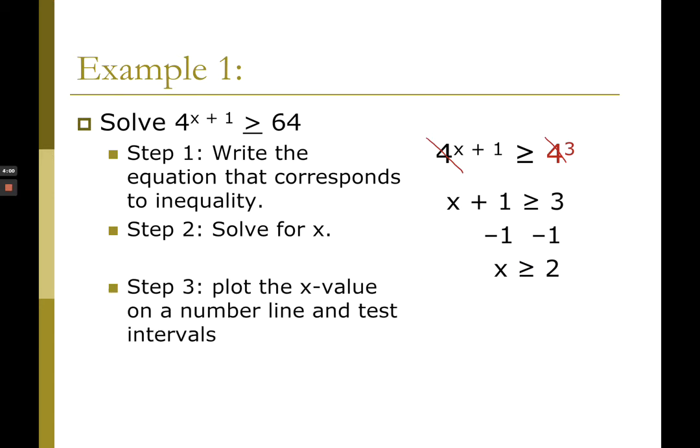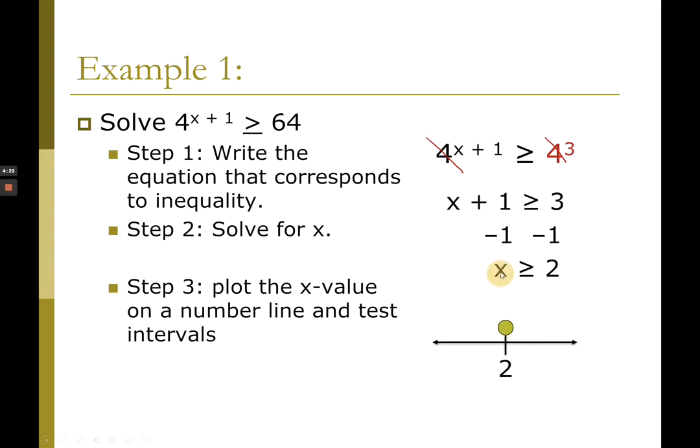Now you can plot the x values on a number line and test intervals. You draw a real number line and mark the boundary 2, but since it's equal, we use a shaded circle.